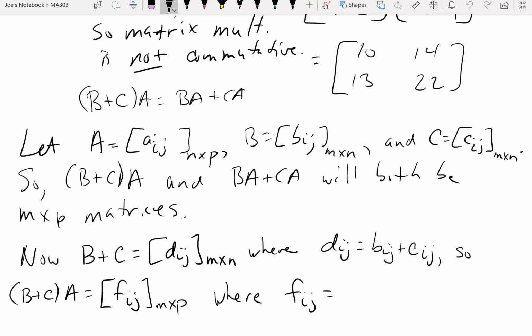The second subscript changes here. The first subscript changes here. And we do that product and add together, that dot product idea, right? So this F sub ij will be a summation. I'll use the letter K here. K equals 1 to N. It's D sub I K, A sub K, J.